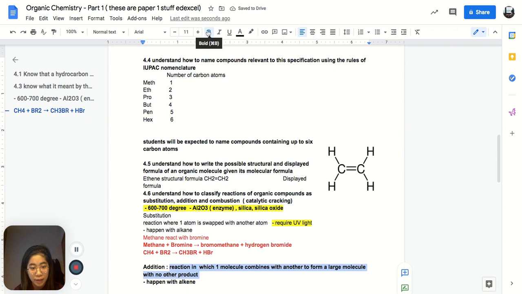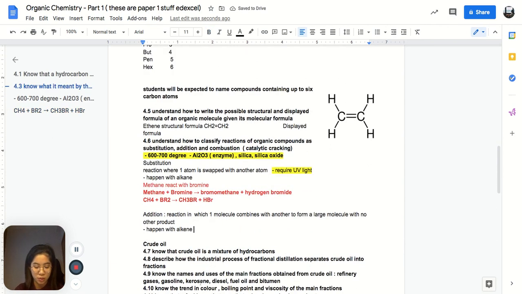And let me tell you, it only happens in alkene. It wouldn't happen in alkane because that just doesn't work like substitution. And a really, really famous example of addition reaction is that ethene plus bromine gives you dibromoethane.